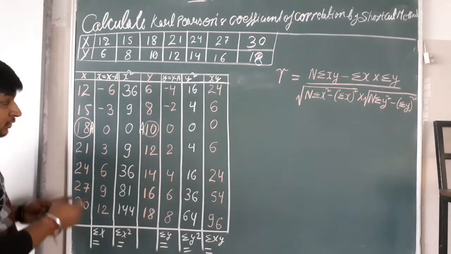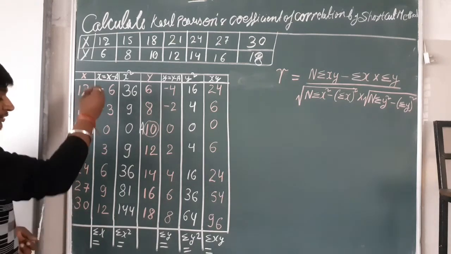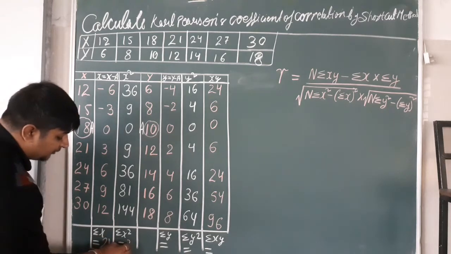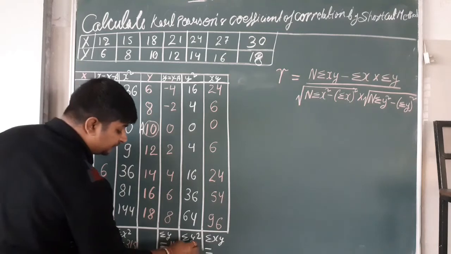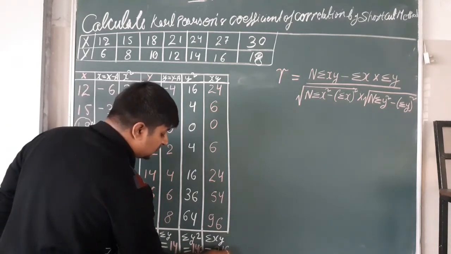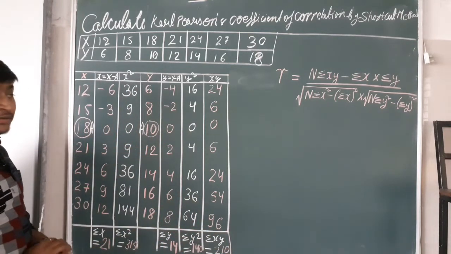So let us do the summation of all the terms. Here we get 21, 315, 14, 140, 210.